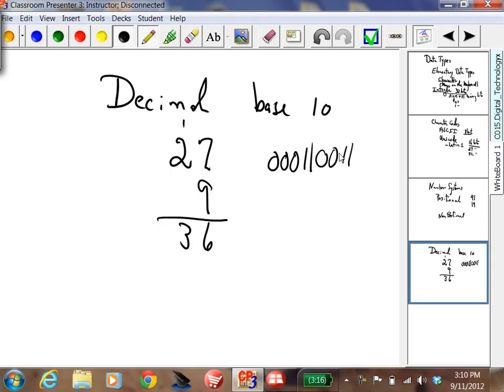So it would be a 1 and a 2. That would be 3. No 4s, no 8s, 16 and 32.